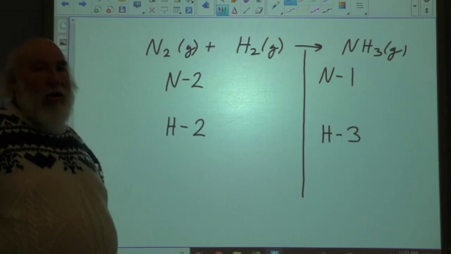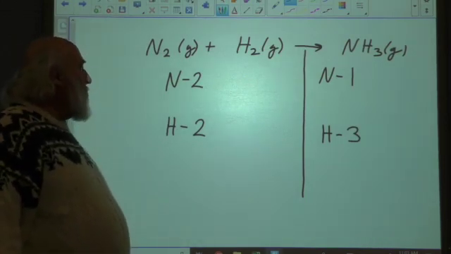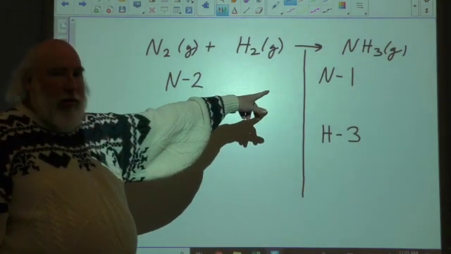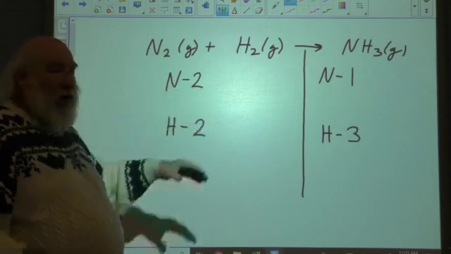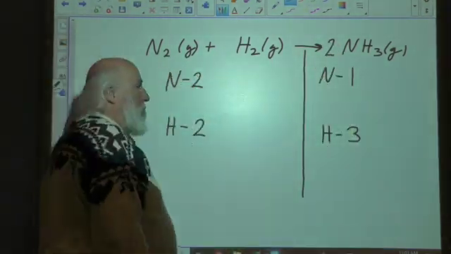Nothing is balanced at all. So we're going to start with the nitrogen here. We see that we need to double the number of nitrogens to balance what we have over here. So that means we have to double the entire molecule, that is 3.